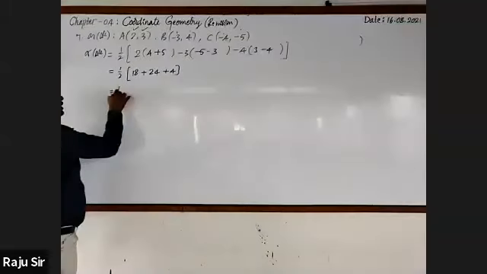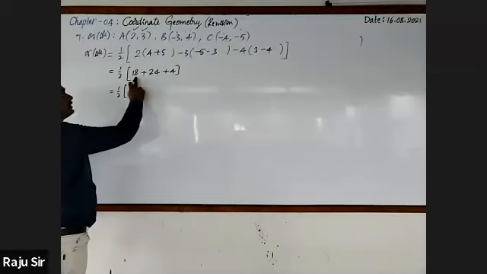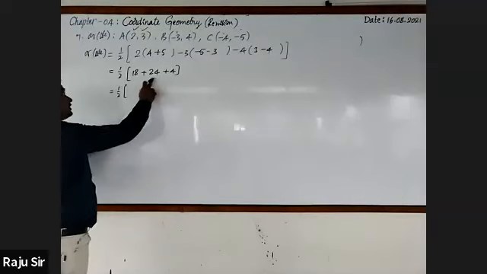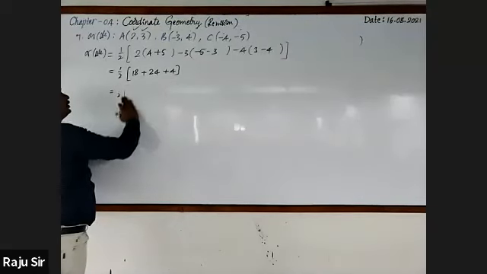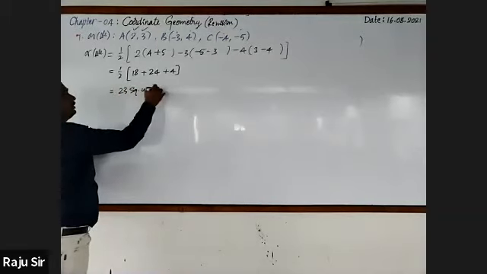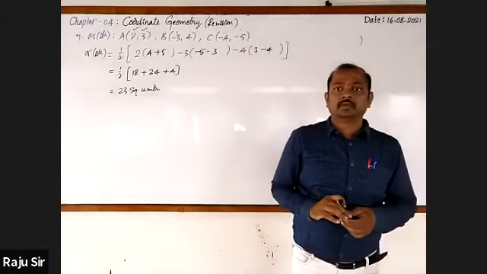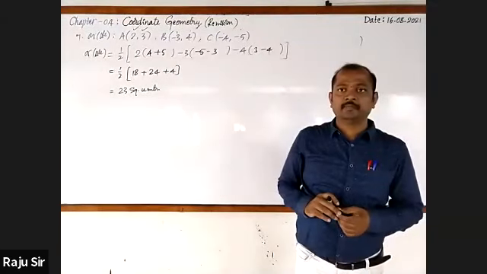It's equal to half into 46, so 46 by 2 is 23 square units. Followed?